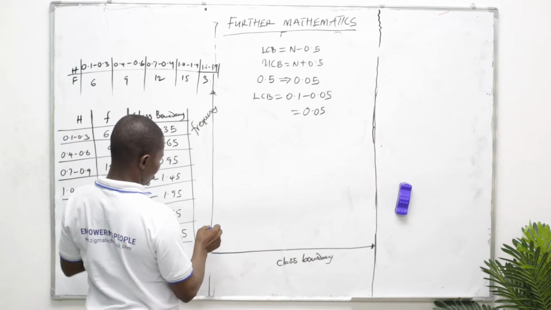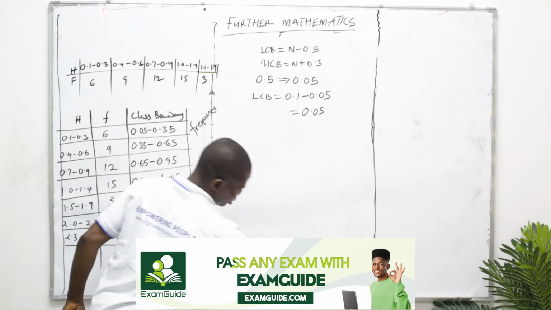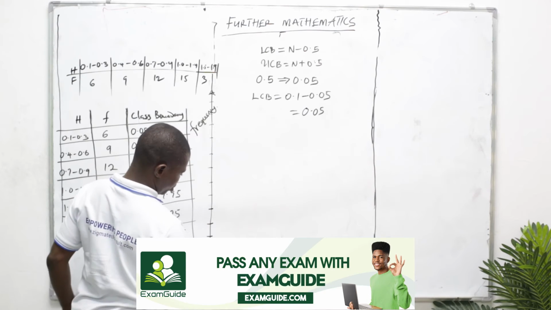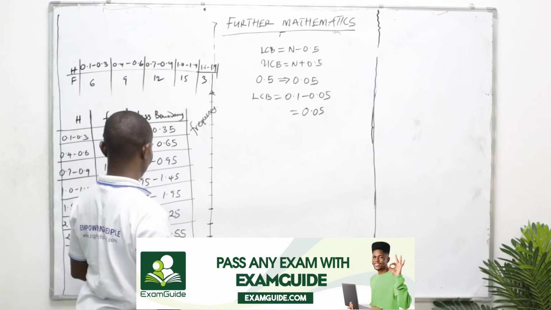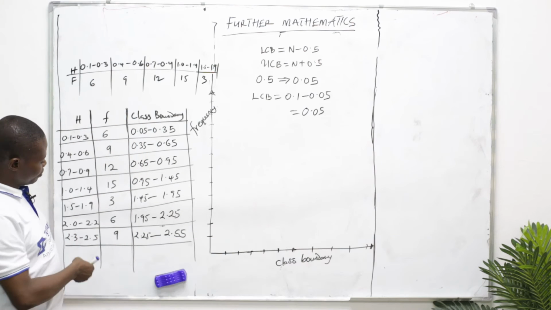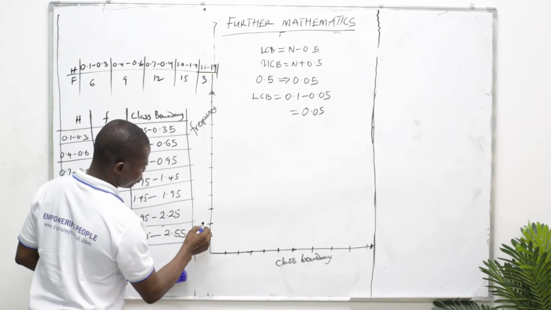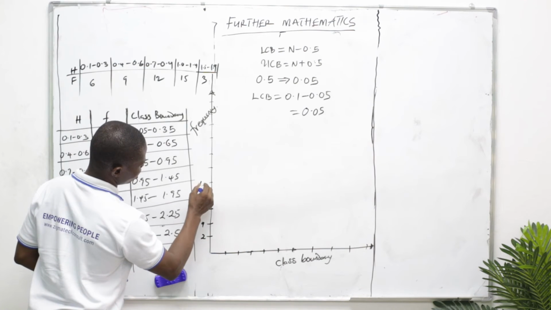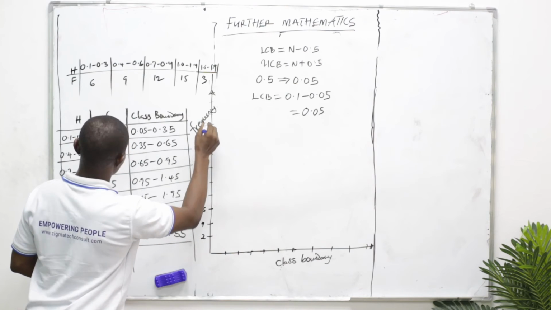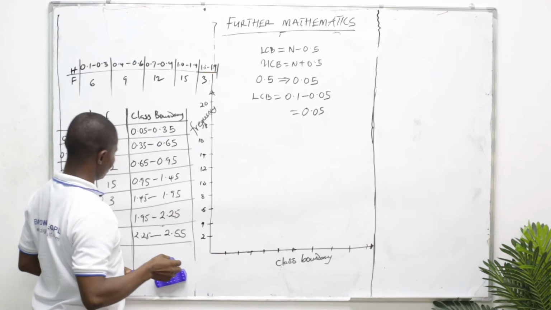So let's give, and scale will not be given to you. You are the one to choose your scale. So learn how to do it. Check the highest value of the frequency. I think it's 15. So we may decide to choose 2, 4, 6, 8, 10, 12, 14, 16, 18. It has covered all the range. 20, let's say 20.